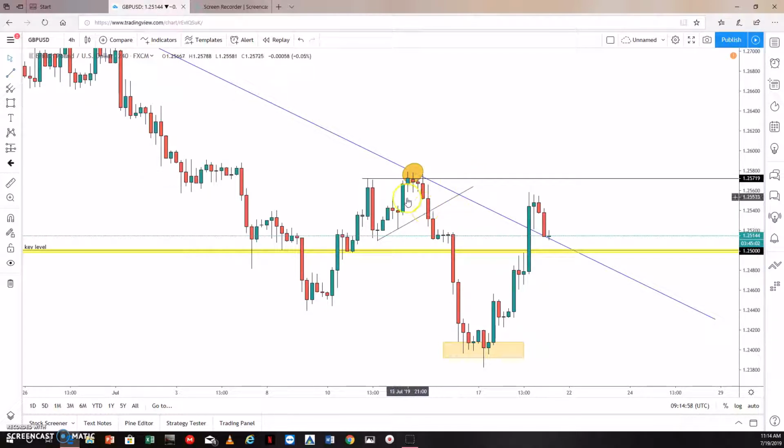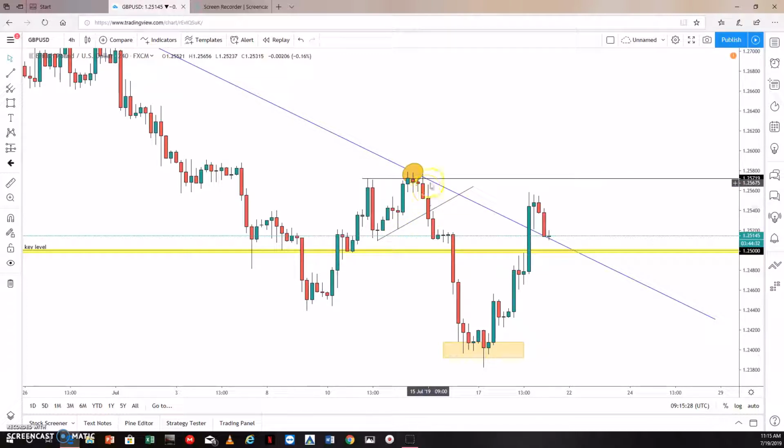Because when the initial drop happened I was asleep, and it was on market open on Monday, what you want to do on market open is always wait and see how the market opens before you jump into any trade. So what I waited for was a break of this counter trend line for me to take that entry. That candle here told me that we'd be dropping, because this was a nice 4-hour shooting star.